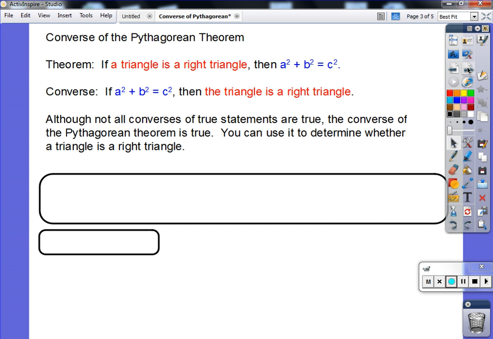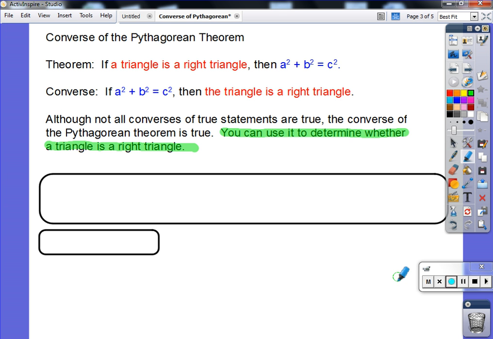Although not all converses of true statements are true, the converse of the Pythagorean theorem is true, and this right here is the big idea in this video. This is what you need to be able to do. You can use this idea to determine whether a triangle is a right triangle.